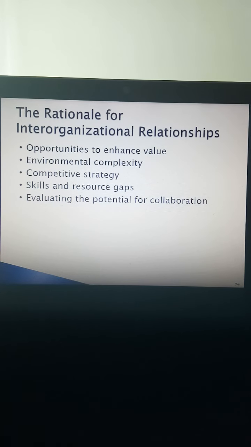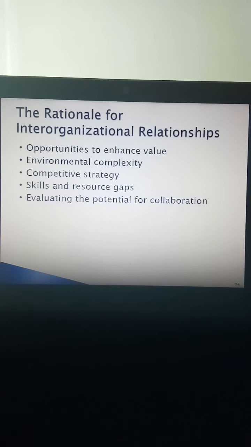So how does the hospitality industry cope with environmental complexity? Environmental uncertainty and complexity within the hospitality industry become a big challenge, I would say.